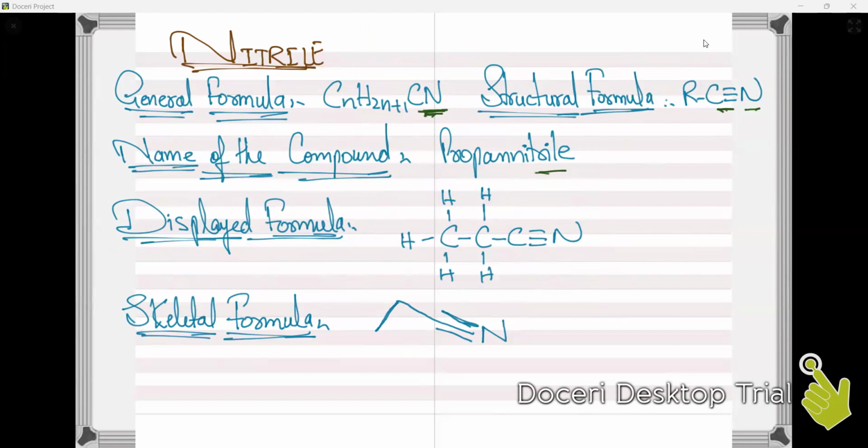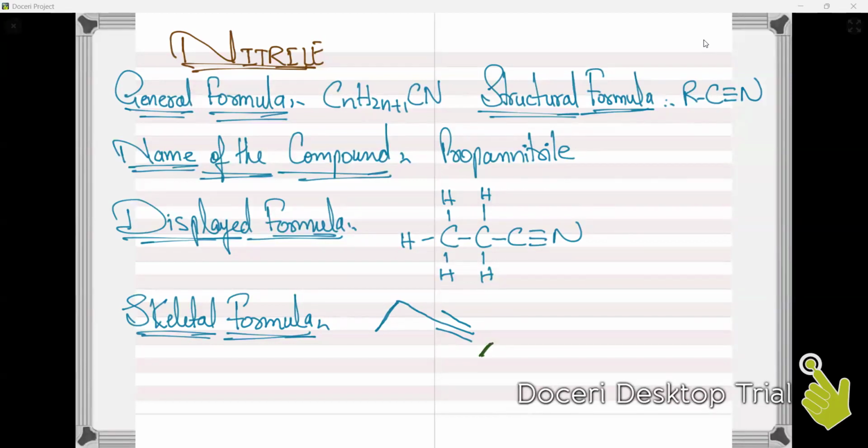I've taken only one compound, which has three carbons: propane, propene, propanone, propanoic acid. This is to make you understand how this three carbon compound changes when the functional group is changed. So in this skeletal formula, this will be the first carbon, second carbon, and the third carbon, and the name will be propane nitrile.